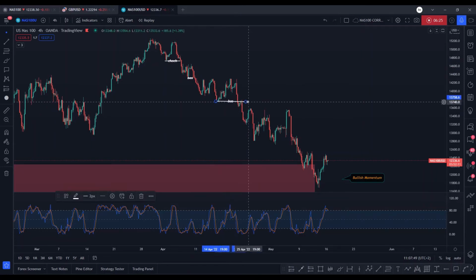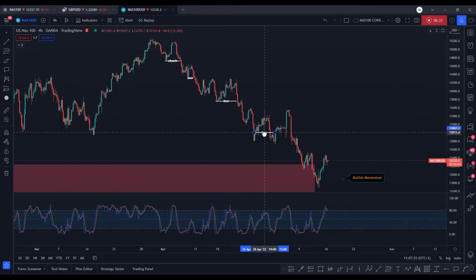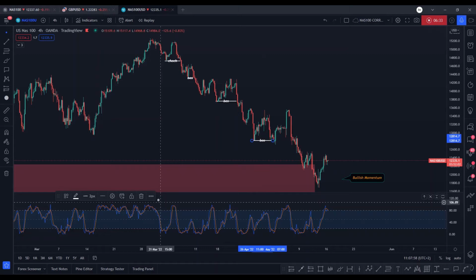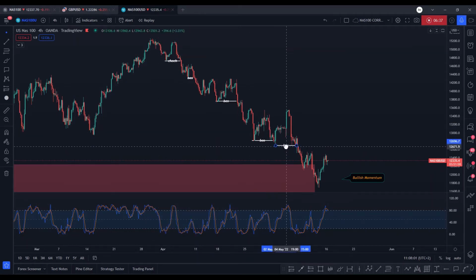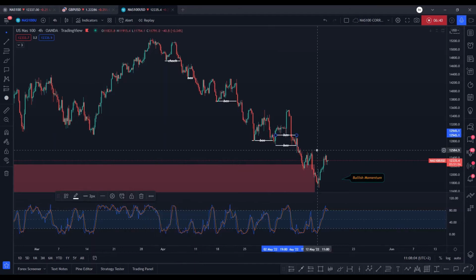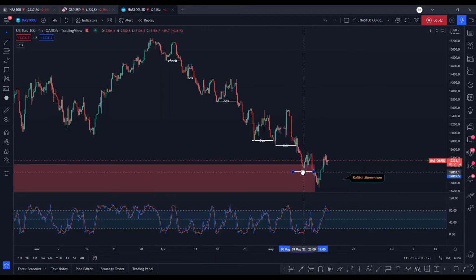So there we have a break of structure, and then another break of structure right there, and another right here, and another right here, right? So as we can see, the lows have been broken continuously in this case. Hence now we're going to anticipate the highs being broken.